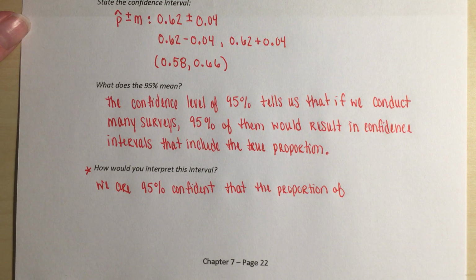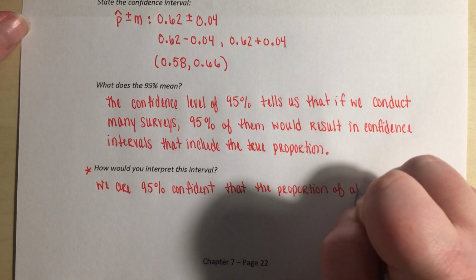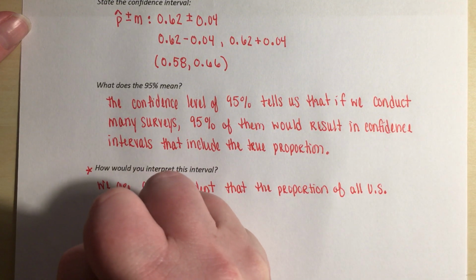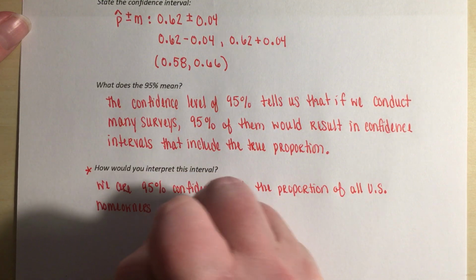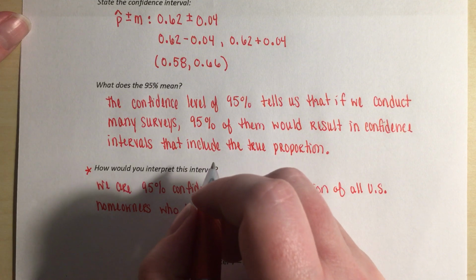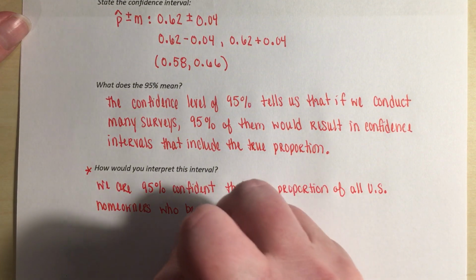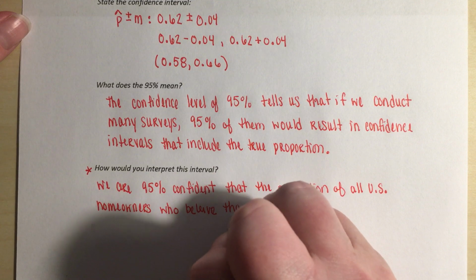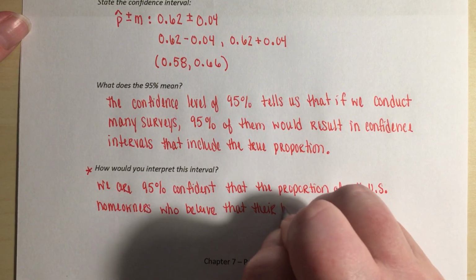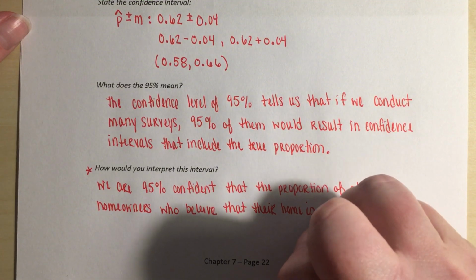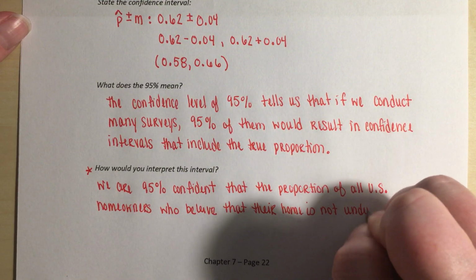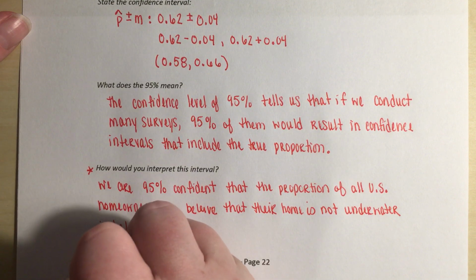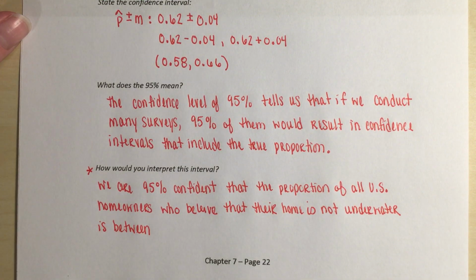So we are 95% confident that the proportion of all U.S. homeowners who believe that their home is not underwater is between, and we go back up to look at our confidence interval.